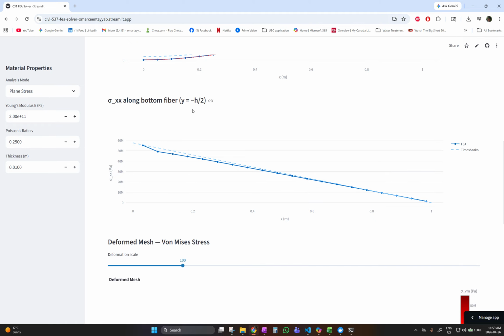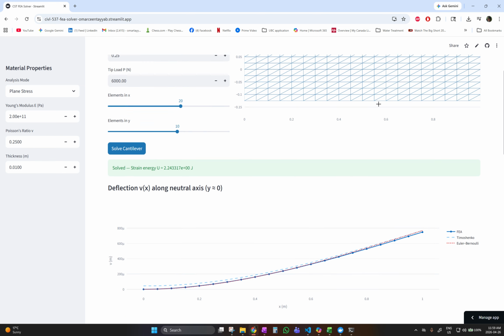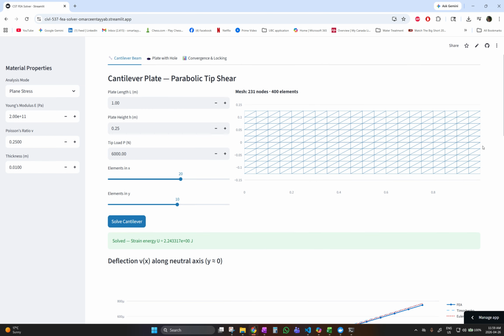Looking at the movement along the bottom X fiber, this basically validates what we're finding. Because the beam is subjected to a parabolic tip shear upwards, the bottom nodes are supposed to be in tension and the upper ones are supposed to be in compression. As you move away from the fixed nodes, the stress concentration decays.